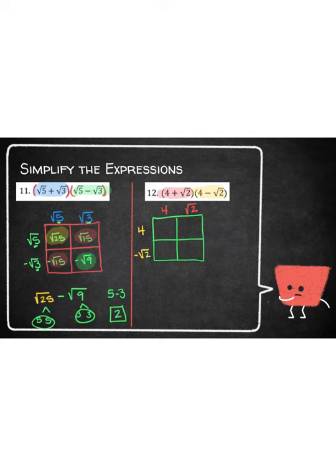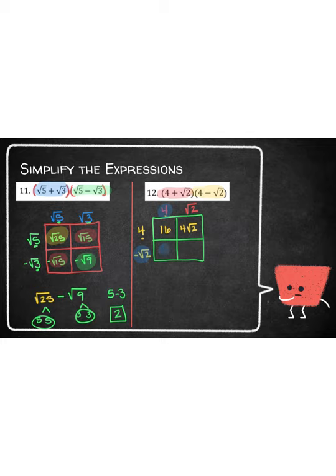So I'm going to take the 4 times the 4, and those are going to go in my first box. 4 times 4 is 16, so I'm just going to put my 16 right here. And now I'm going to take that 4 times that square root of 2. That's going to give me a 4 with a square root of 2. Okay. Now I'm going to do this 4 times this negative square root 2, and that's going to go right here.